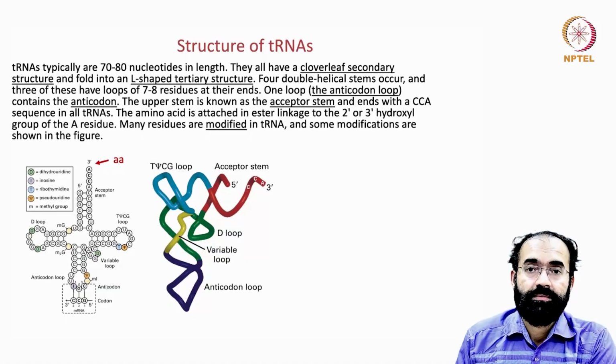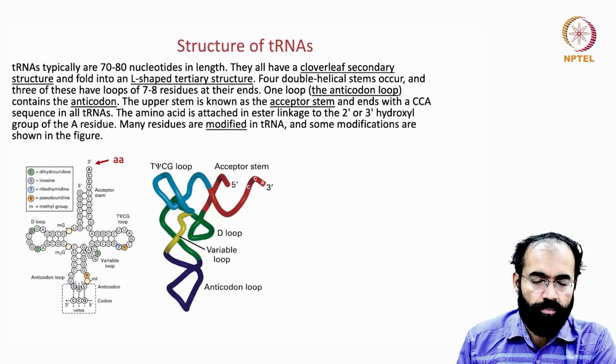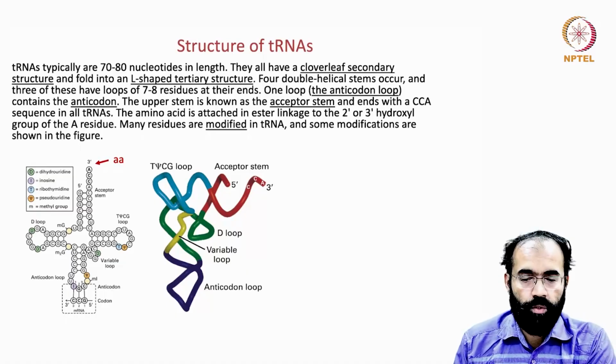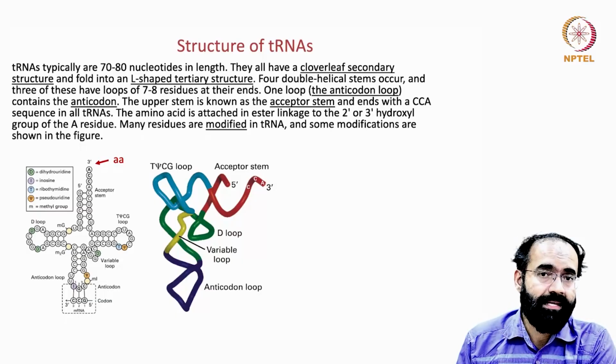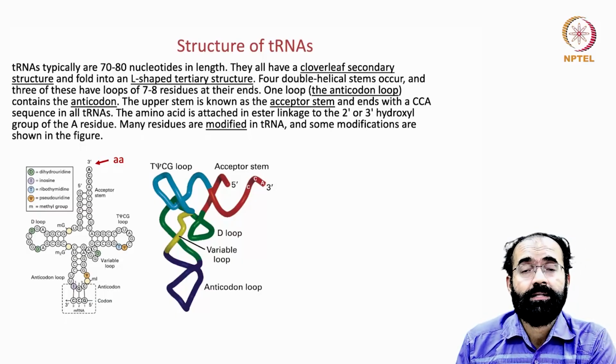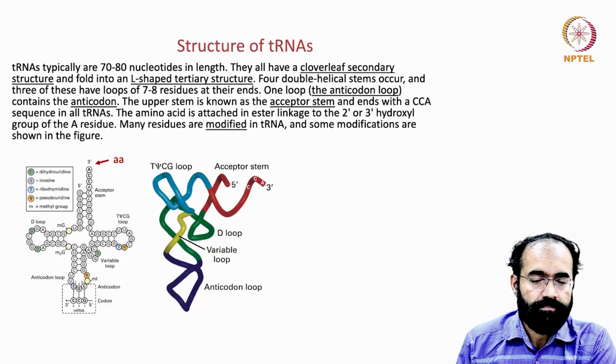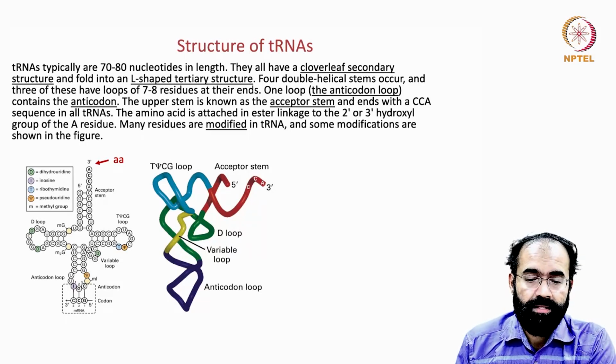One loop we call the anticodon loop, that is this area. The anticodon loop pairs with the codon, and it contains the anticodon sequence, a 3 base sequence complementary to the codon. The upper stem is known as the acceptor stem, and it ends with a CCA sequence in all tRNAs.